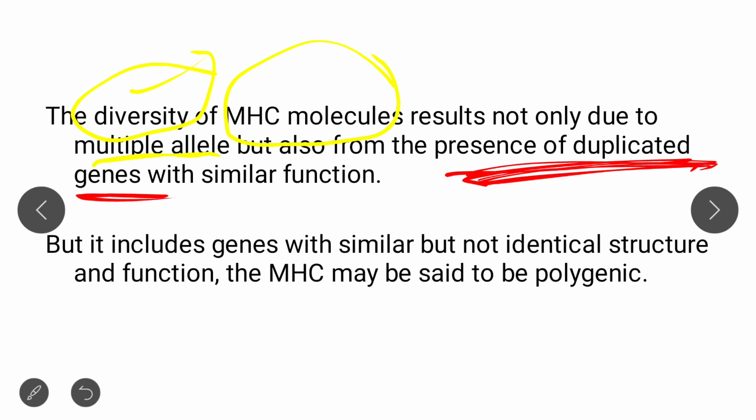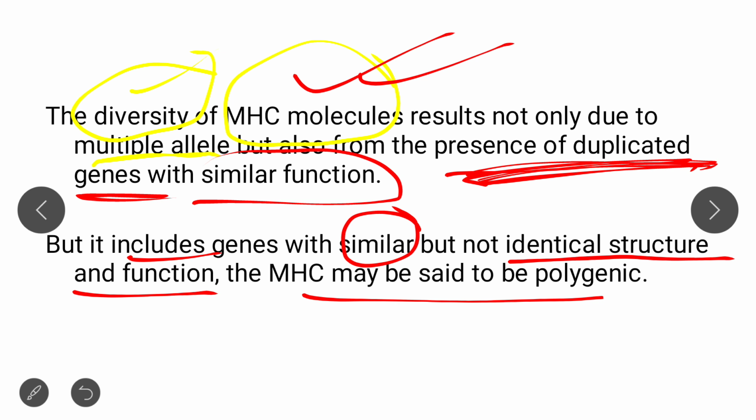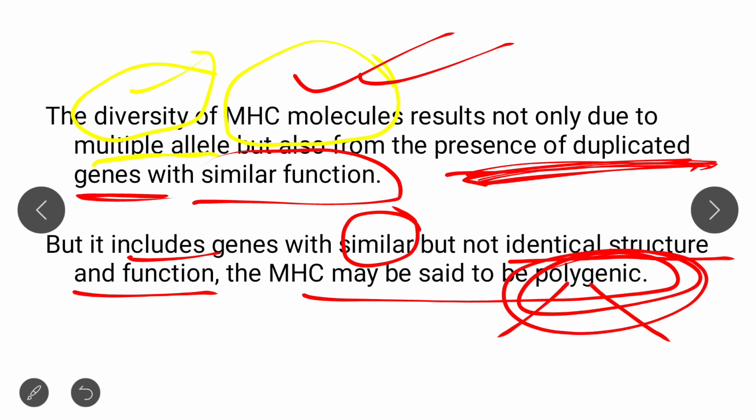Please note it down that duplicated genes are also one of the reasons for the diversity of MHC molecules. With similar function, but in many cases genes with similar but not identical structures and function may occur, and in this case the MHC may be said to be polygenic. Poly means many, genic means genes, so many genes there.